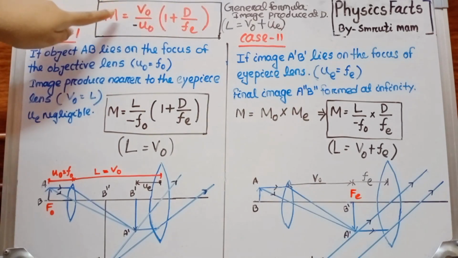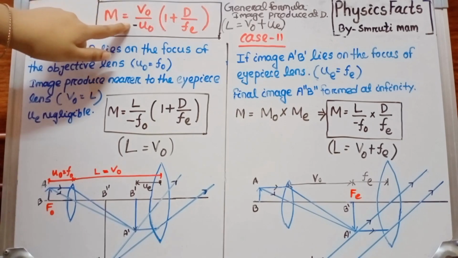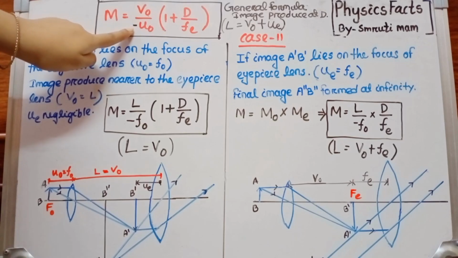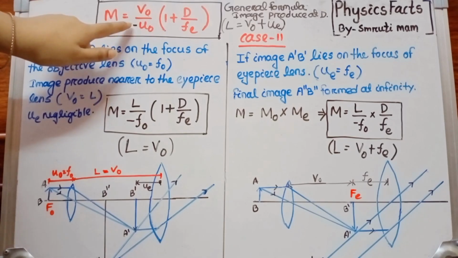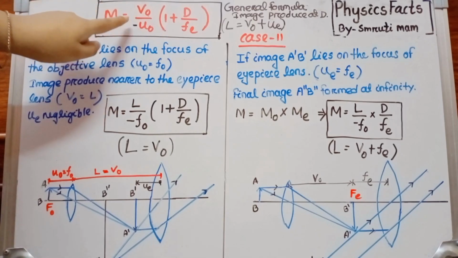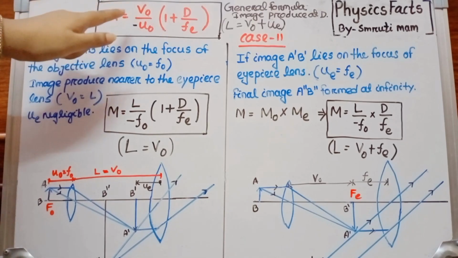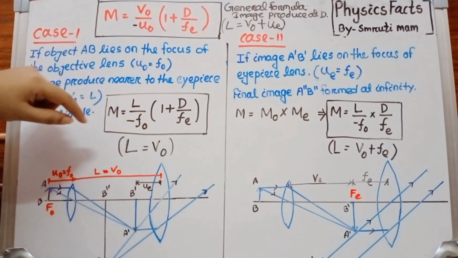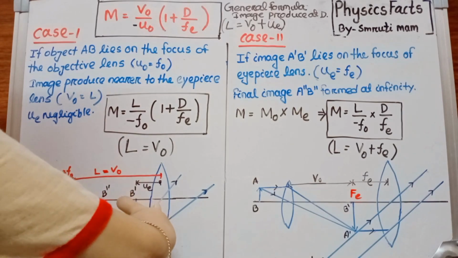This is the general formula, and here the image is produced at the least distance of distinct vision. The negative sign indicates the sign convention. The final image is virtual and inverted. And in this case, the length of the microscope tube is VO plus UE.